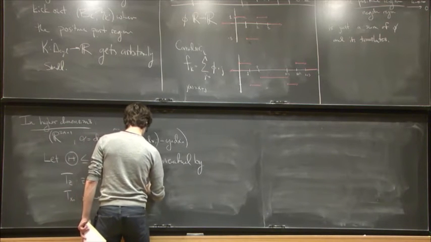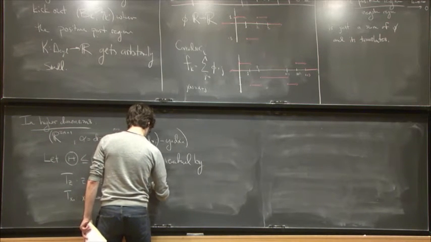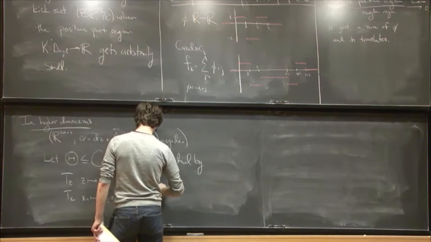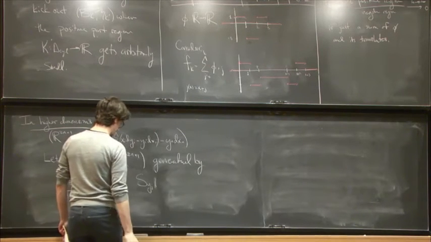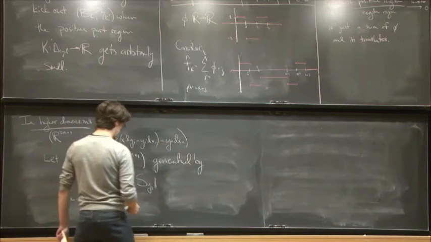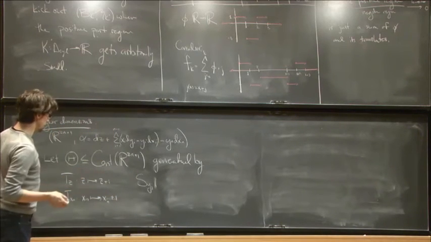So you have S_{y_j}, which only acts on, I'm just writing the variables that it acts on. It acts by the identity on all the other variables I don't write.